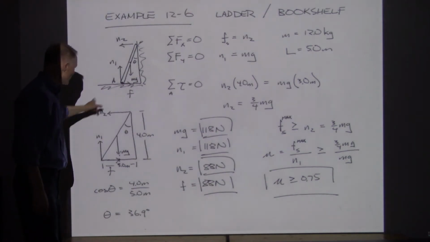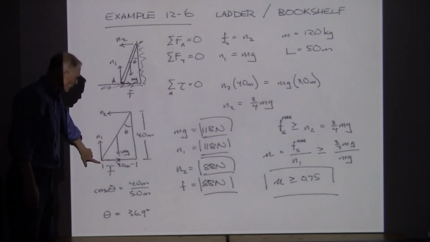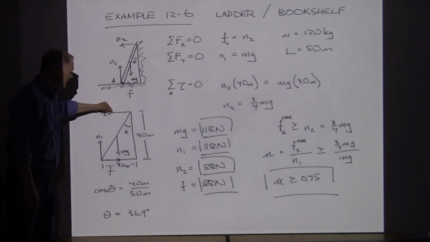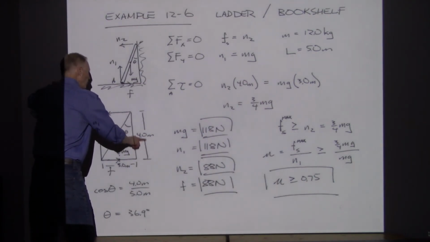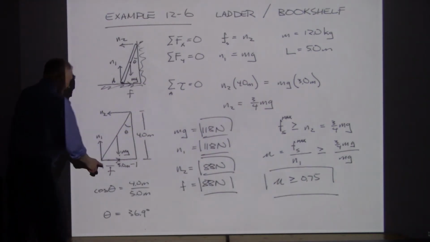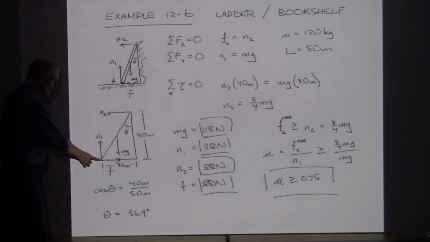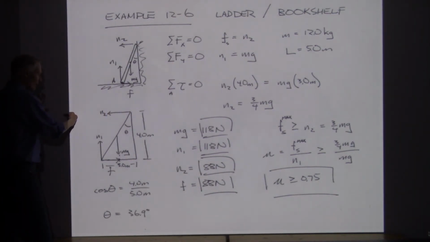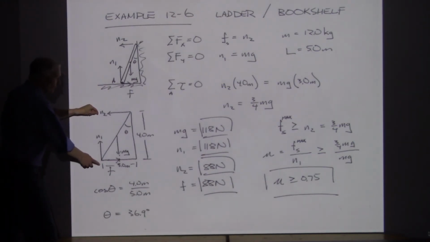So from the lower diagram, here's point A. I can see that the torque coming from N2, well, N2 has a lever distance of 4 meters. Here is the axis of rotation. And if I follow the path of N2, it misses that point by 4 meters.